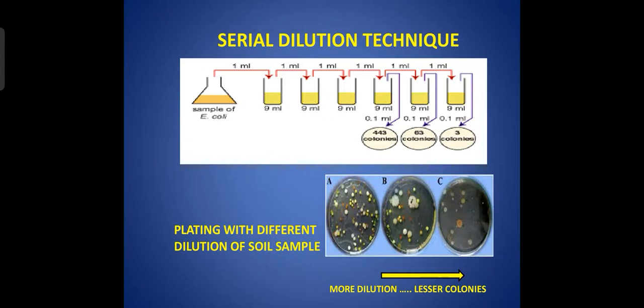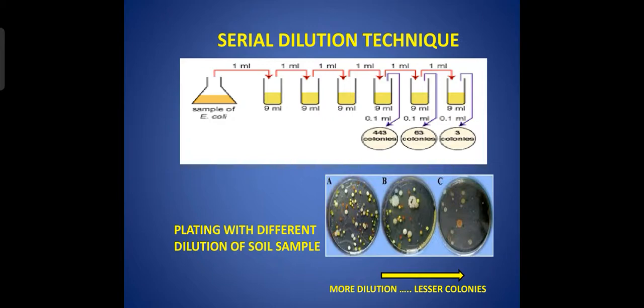After conducting serial dilution, we'll take each tube as a sample and conduct plating method, any of your inoculation plating methods such as streak, pour, spread plate, etc. using that serial diluted samples as the inoculum.